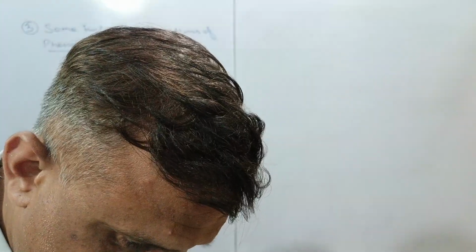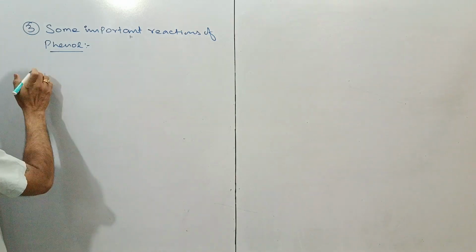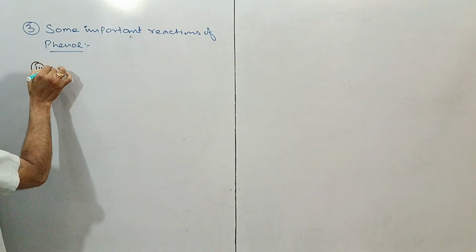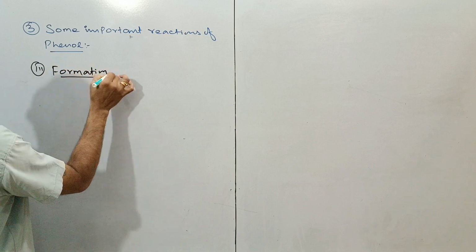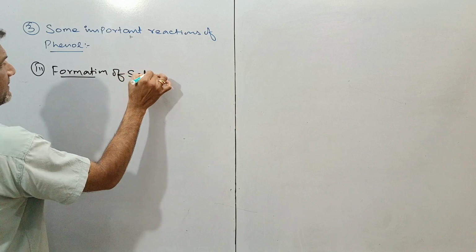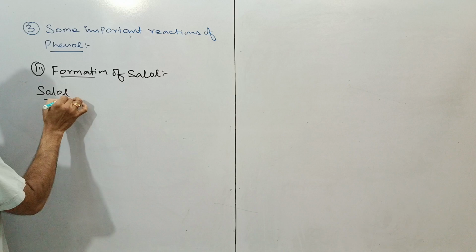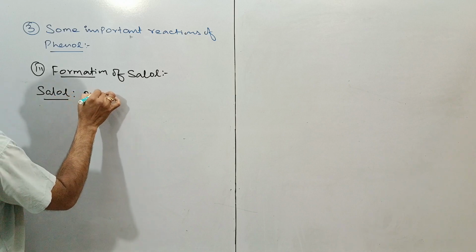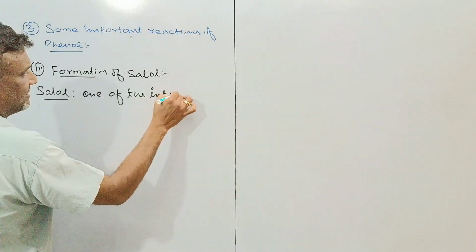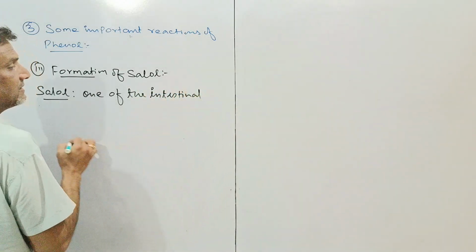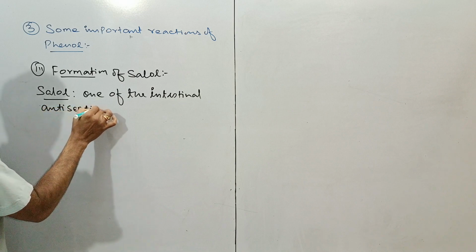If we will go with the just Phenol, then this is the third important reaction. Formation of Phenol. If we will go with the Phenol, then it is one of the intestinal antiseptic drug.